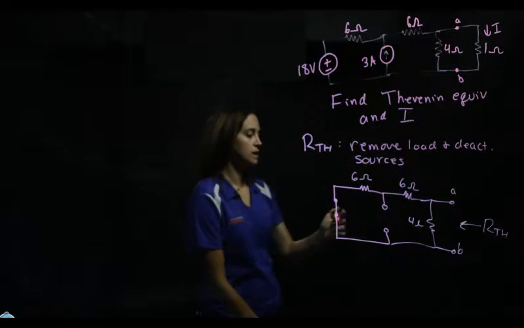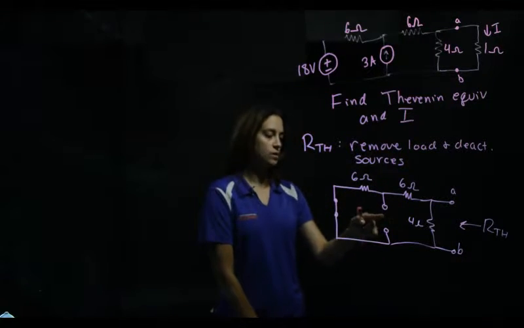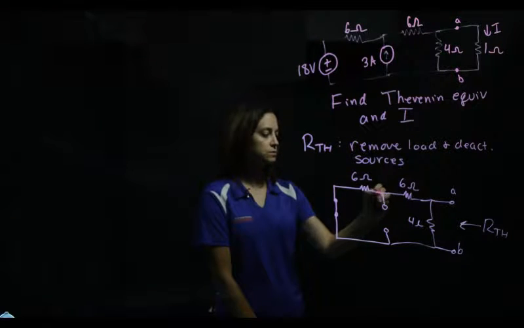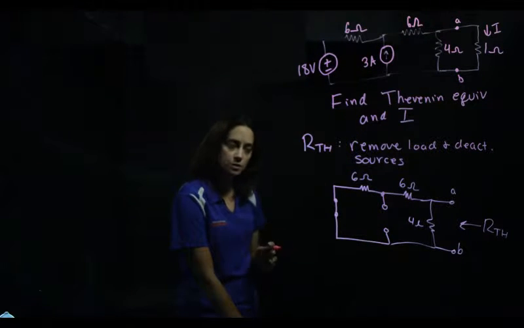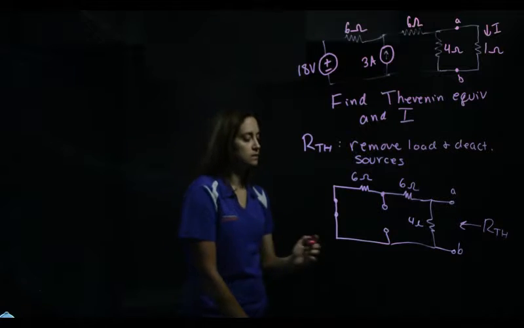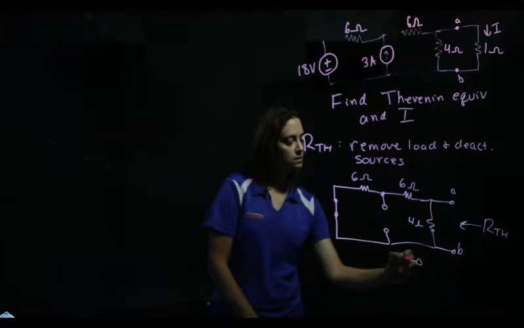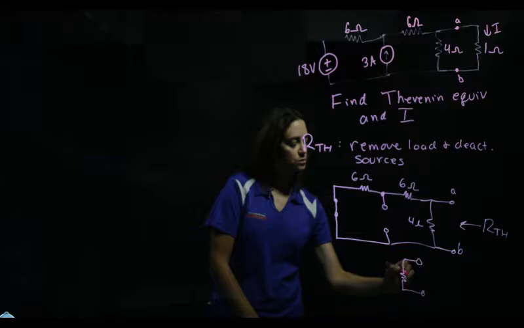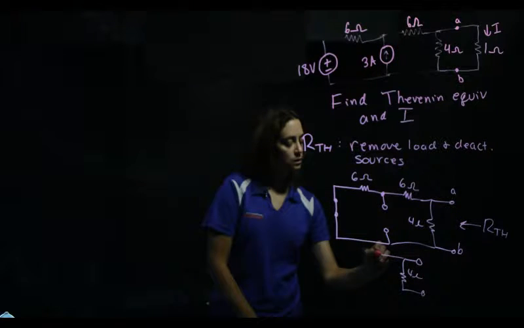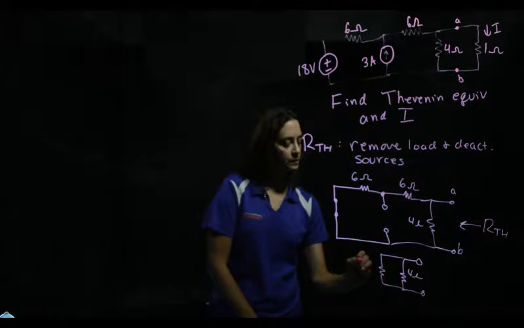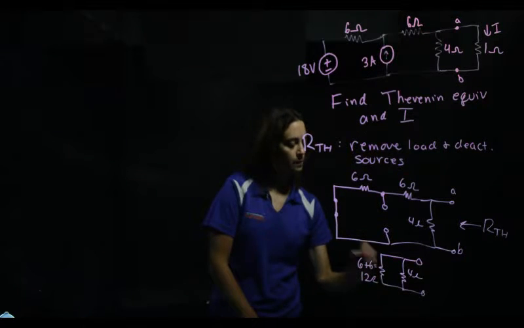All right, so let's look at these. Now that this source is gone, 6 and 6 are exclusively sharing this node. If they're exclusively sharing that node, they're in series. So I can redraw this. You don't always have to redraw these steps, but if it helps you, definitely do it. So I have 6 plus 6 equals 12.